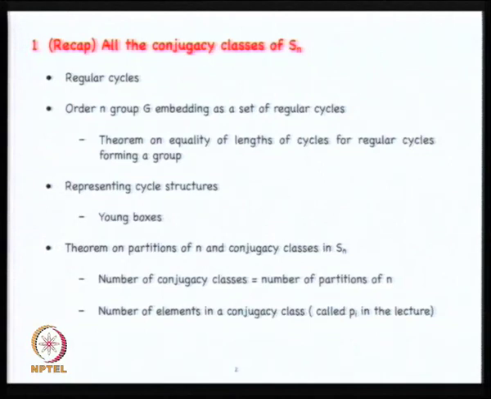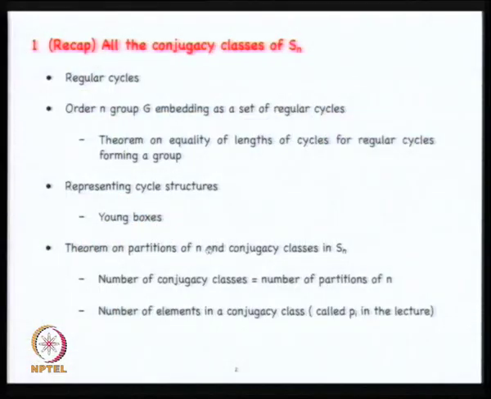So, each cycle structure is one conjugacy class, right, and therefore, counting the number of cycle structures gives you the number of conjugacy classes. We had proved that the cycle structure does not change under conjugacy operation, and therefore, each cycle structure represents one conjugacy class. And so, if we can count the number of such conjugacy classes, that can be done simply by seeing how many ways you can partition n, because that is the way to create cycles.